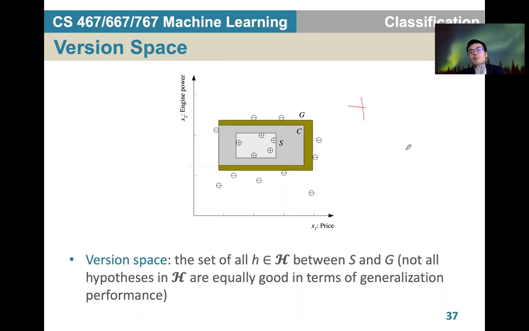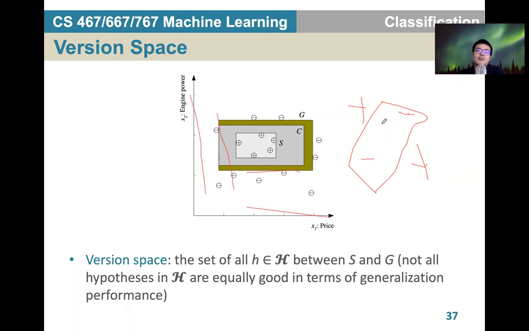For example, if you have a plus and a minus here, right at the corner, actually you can do that with a rectangle. But if you want to use the axis aligned rectangle, parallel to the axis, it's kind of difficult. Unless you have a little bit of shift, if it's exactly like this, then it's very difficult. So if you have an axis line, it's difficult to do that.